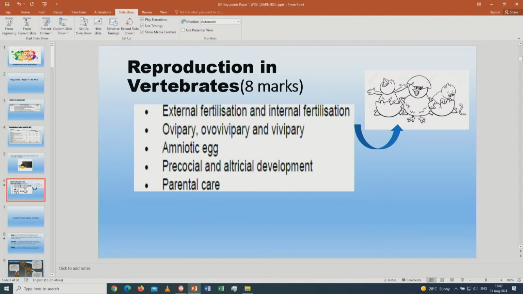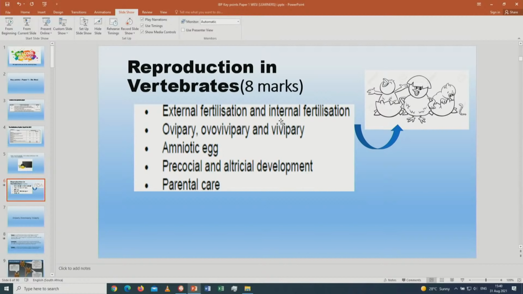And then remember that I have mentioned the issue of reproduction in vertebrates, like as I have said that it will be there on your next coming trial examination, and then also on your final examination, and then still the mark allocation will still be 8 marks. So please just go and revise this.